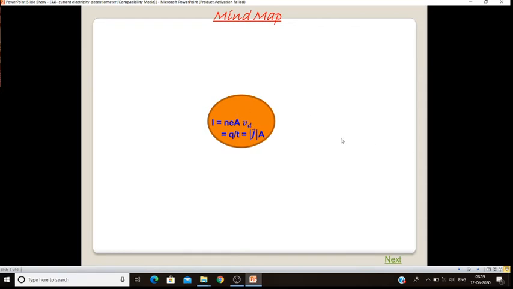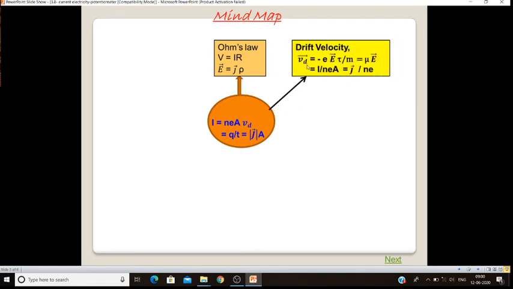Now here the drift velocity, or before that we can say the Ohm's law. What is Ohm's law? V equal to IR. Its microscopic form is E equal to J into rho, where J is the current density and rho is resistivity, and the reciprocal of resistivity is conductivity. Next is drift velocity.